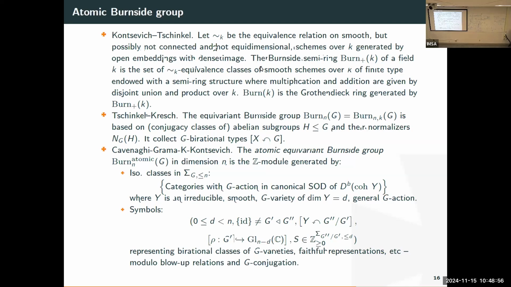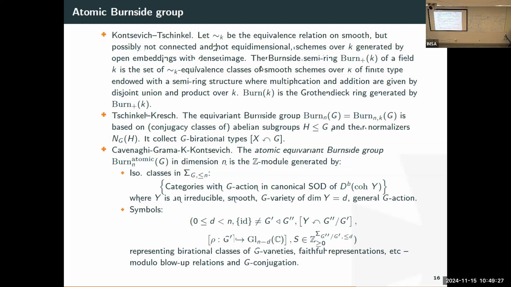But what we would like to do is basically the following. So the theory of Burnside groups, which is the group defined as follows.